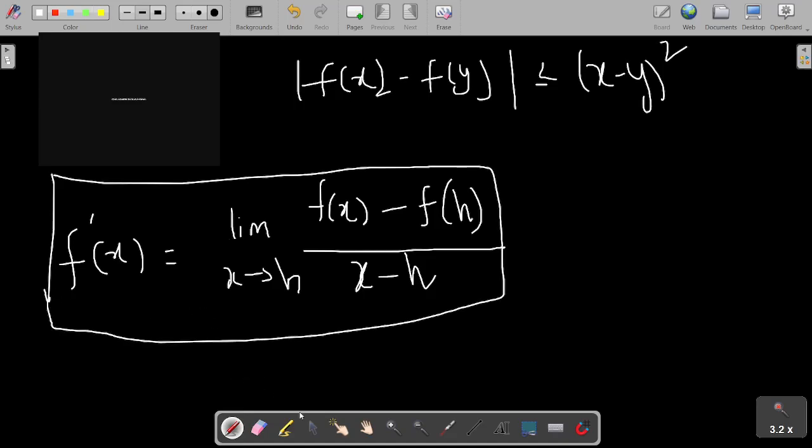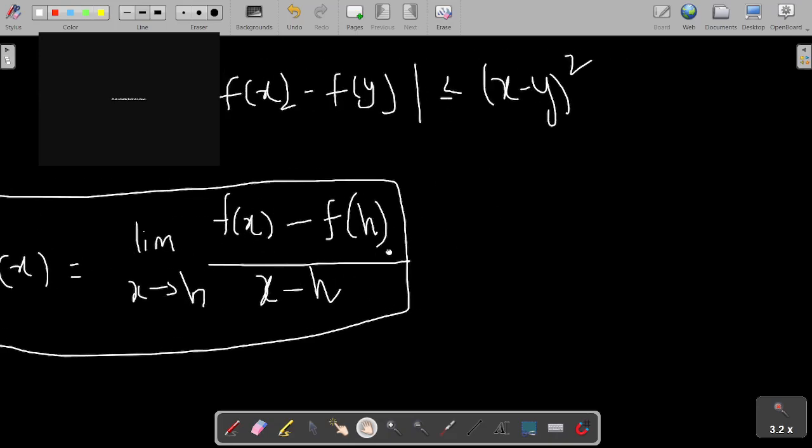So this is a standard form of derivative we are going to use in this problem.